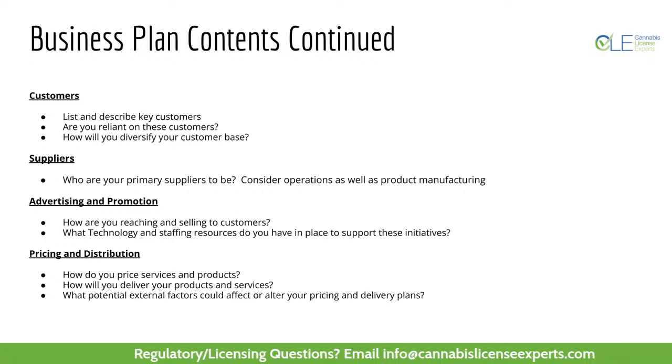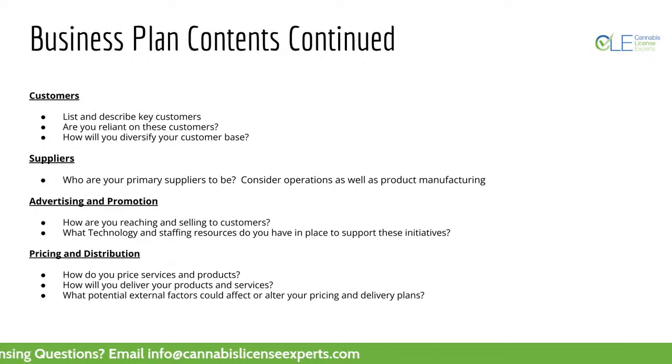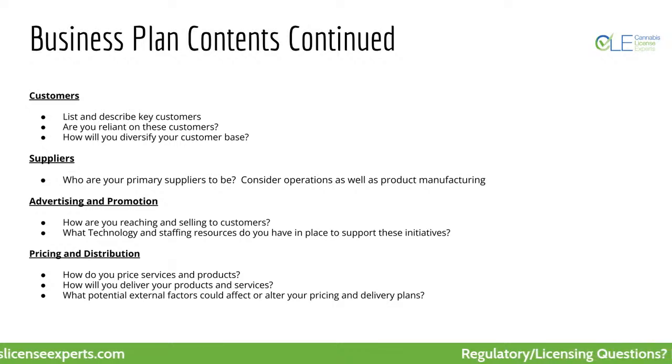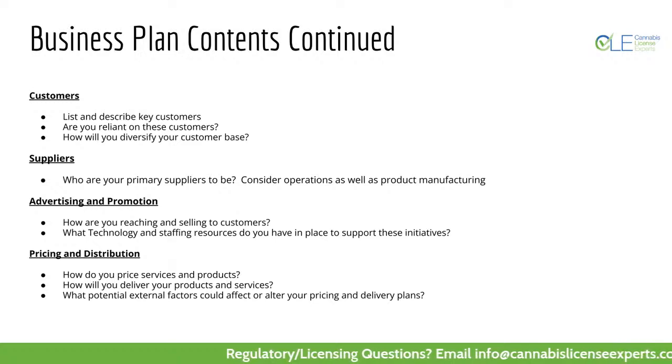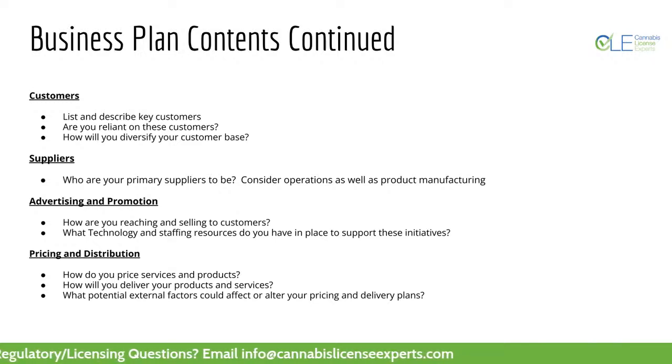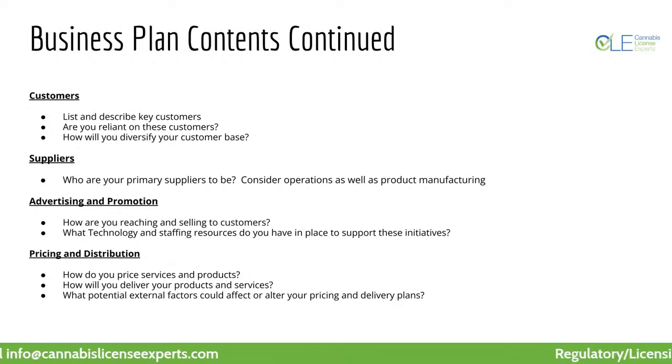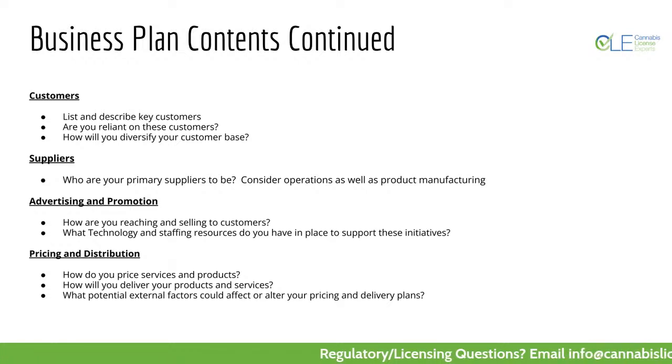Okay, moving through the next sections, we have customers. Everybody wants to know who you're actually going to sell your product to. So list and describe key customers. If you've already got sales agreements with certain other LPs who are looking to buy your product in bulk, if you're looking to white label, if you are selling directly to wholesalers across the country, who are they?